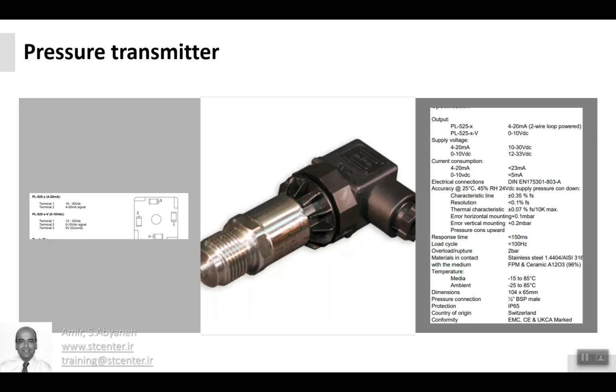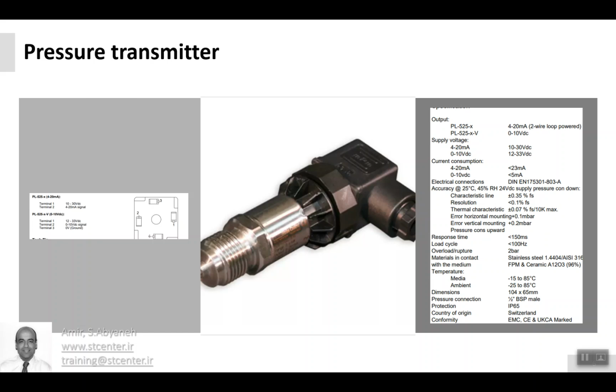Okay. So we talk about the pressure transmitter. First of all, this pressure transmitter is most of the time an active type, and it provides us the signal 0 to 10 volt or 4 to 20 milliamp. So it needs power.